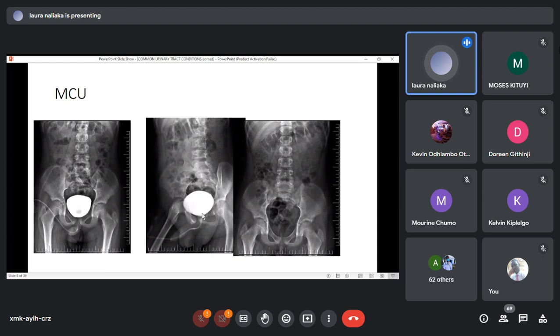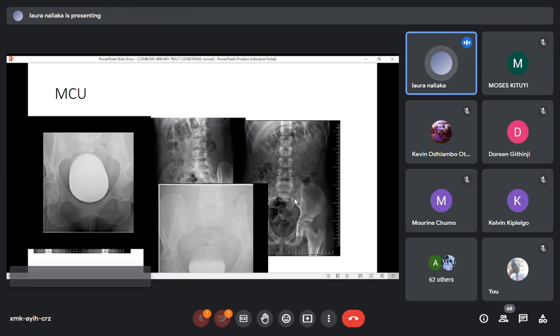So after the patient micturates, after you pick your pathology or a normal urethra, you let the patient completely empty the bladder, then take the last image, which is an AP again, to check for a completely emptied bladder, which is ideally the normal state.